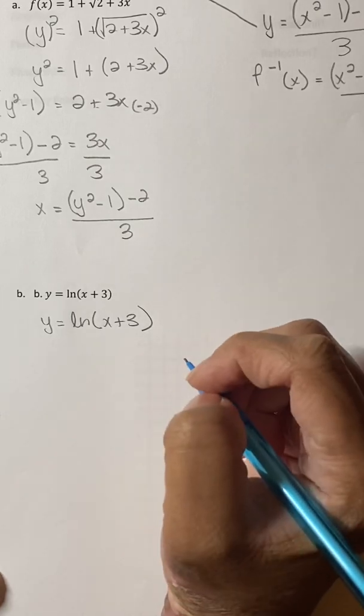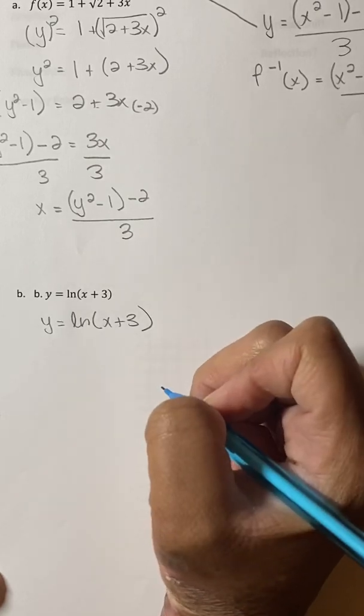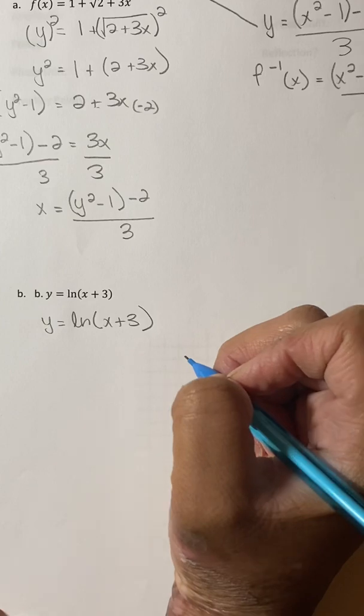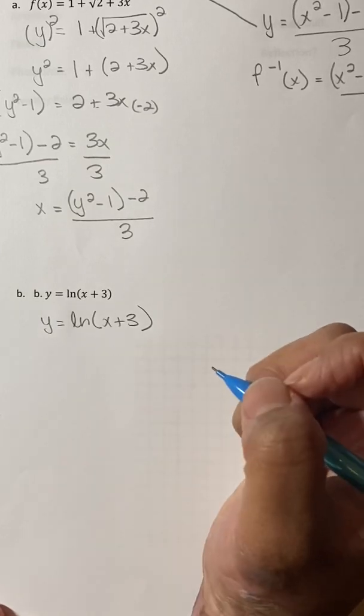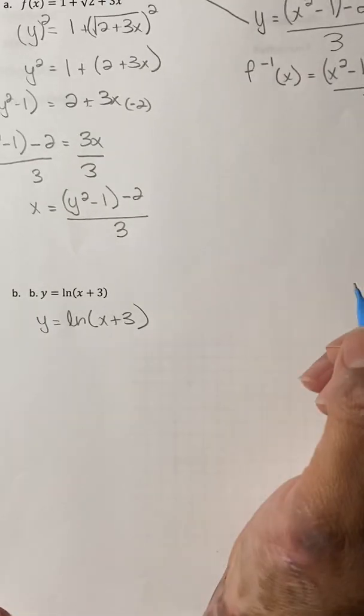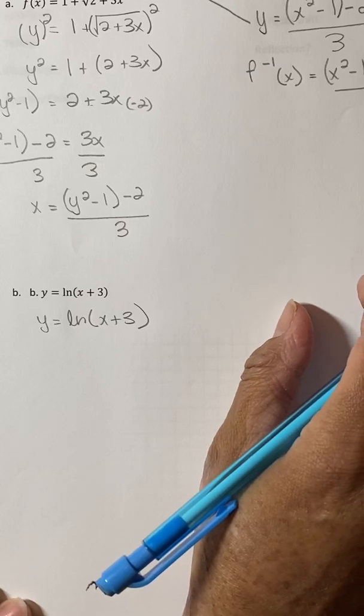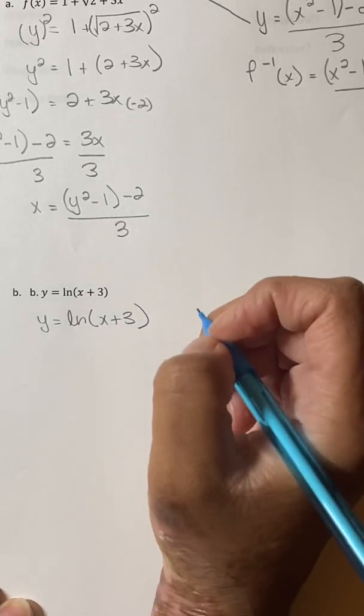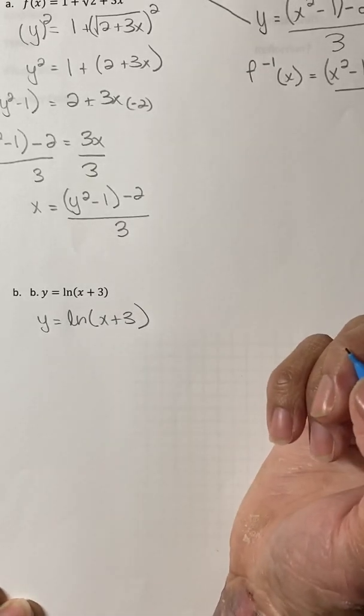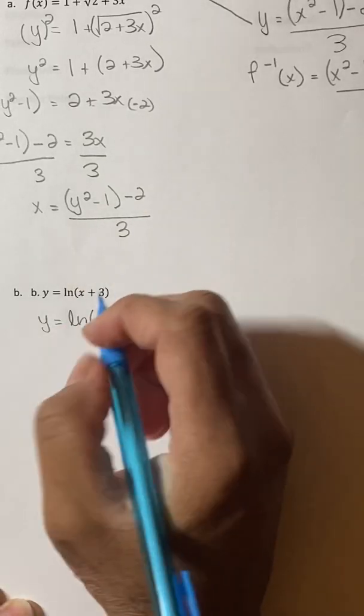And then we need to make both sides the same. So how do we do that? We're going to create a log e. It's almost like a log 10, like a natural log. So we have to put it on both sides.